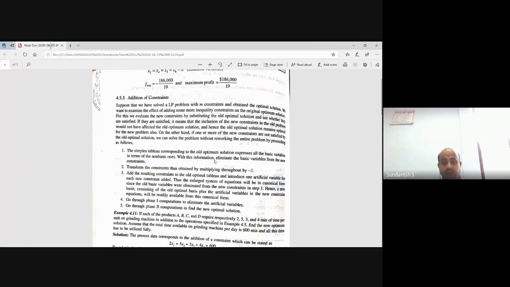If they are satisfied, it means that the inclusion of the new constraints in the old problem would not have affected the old optimal solution. Hence we can proceed with the same old optimum solution for the new problem also.